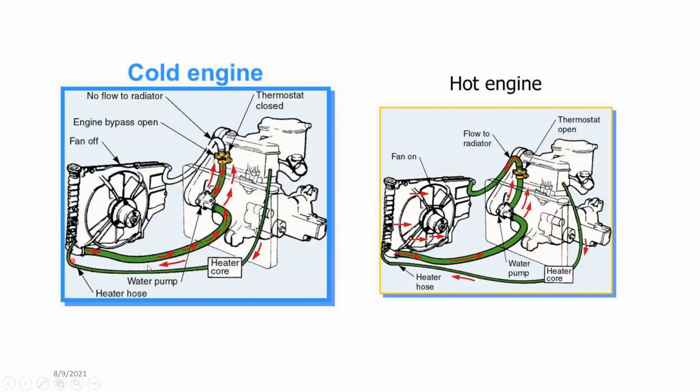You can see over here, the water is coming back to the water pump. Then the coolant goes through the engine and comes back to the thermostat housing. But since the engine is cold, it is returned back to the pump and comes back to the engine block itself.